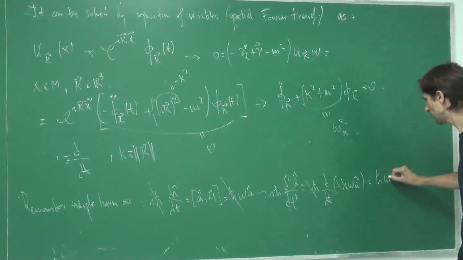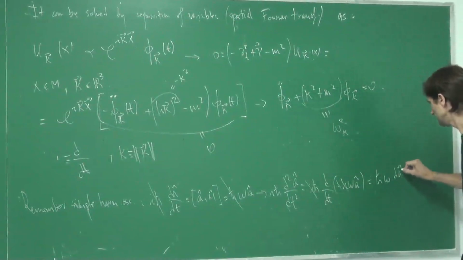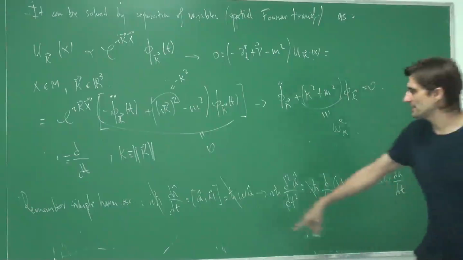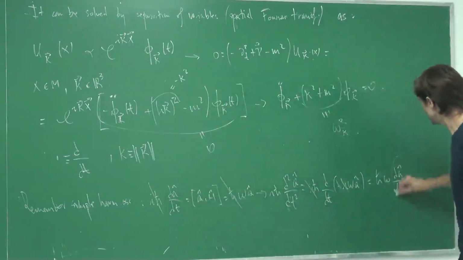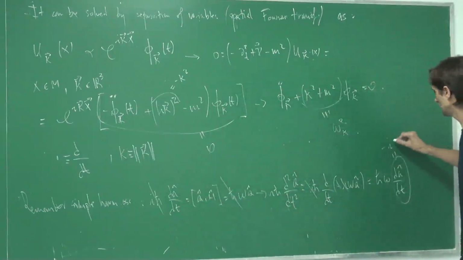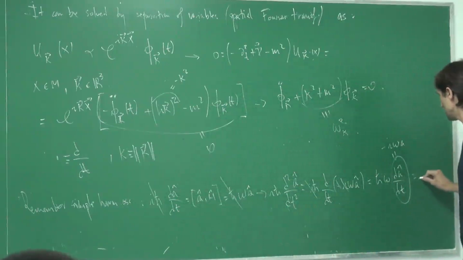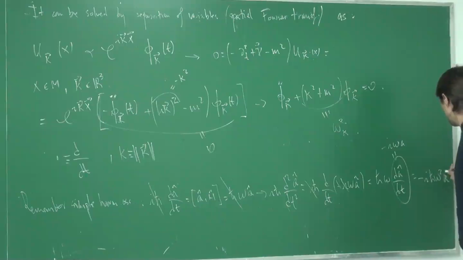So you have h bar omega dA/dt. You apply this again. dA/dt is minus i omega A. And so this is minus i h bar omega squared A.